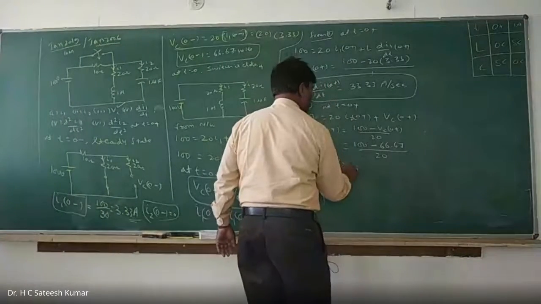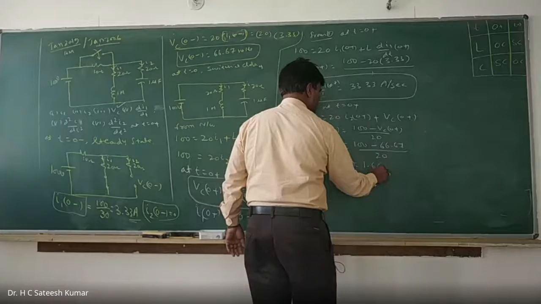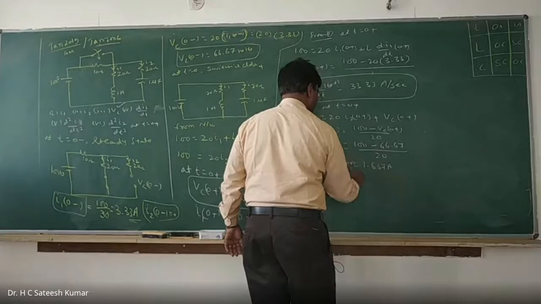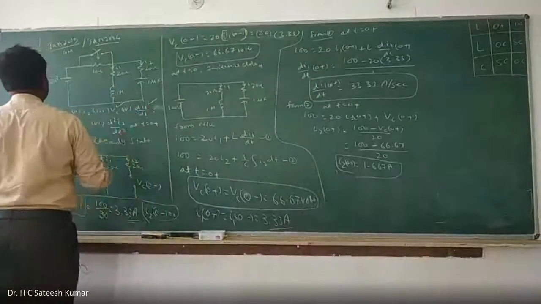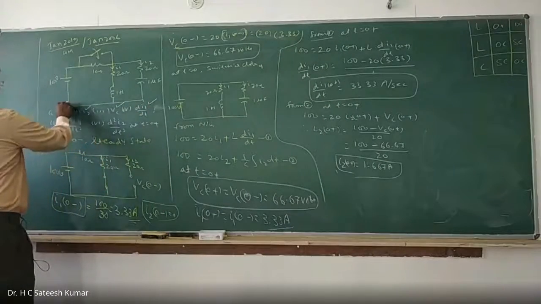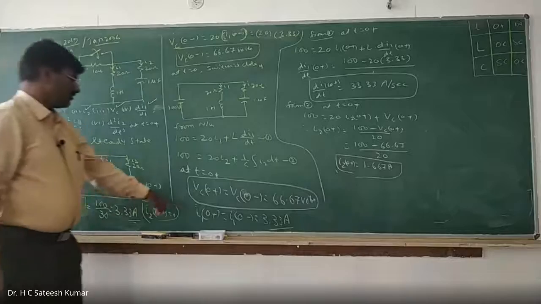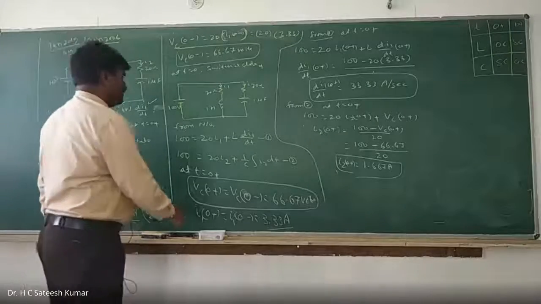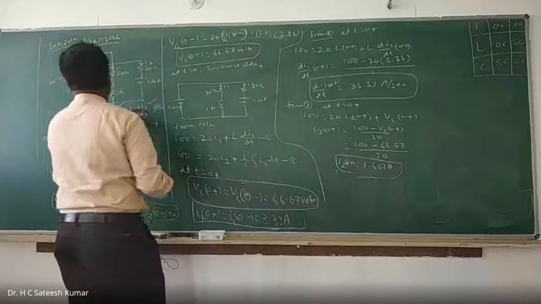I2(0+) is equal to 1.667 amps. So we got di1/dt at 0 plus, I2(0+), I1(0+), and Vc(0+) also.